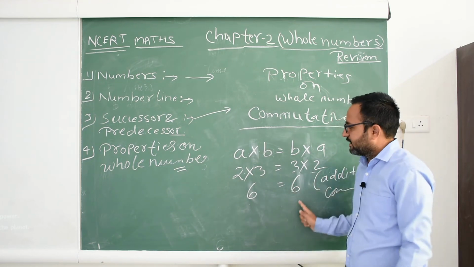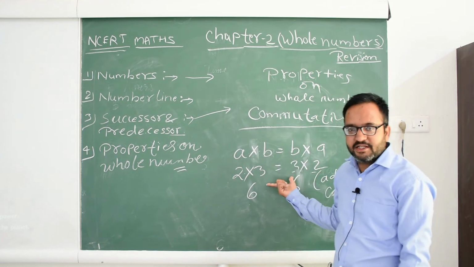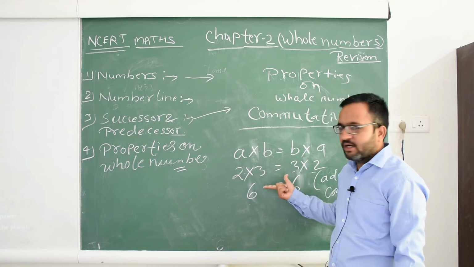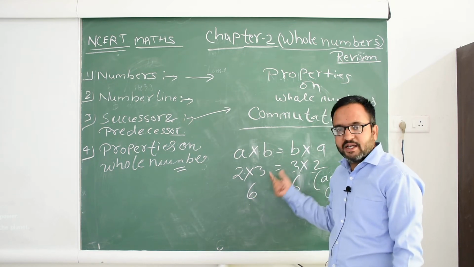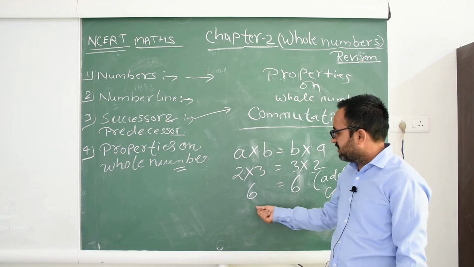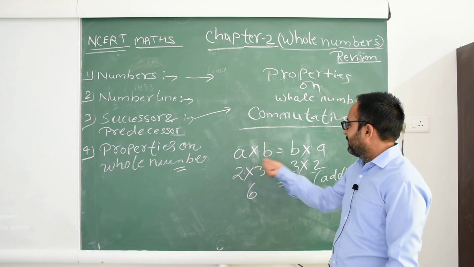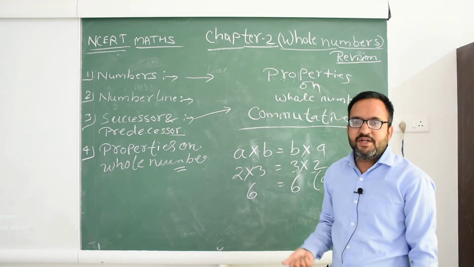In the case of multiplication, we again found the same answer. So we call multiplication also commutative.